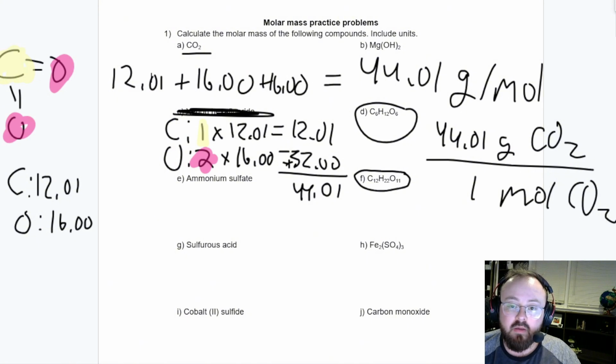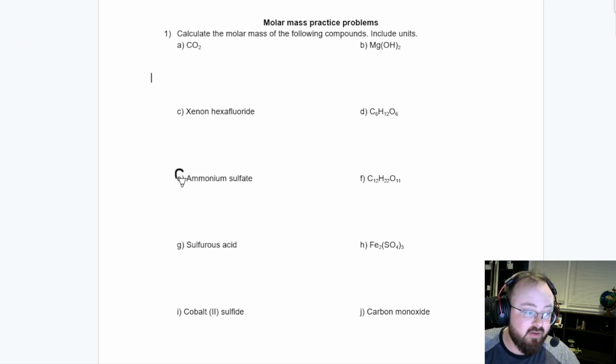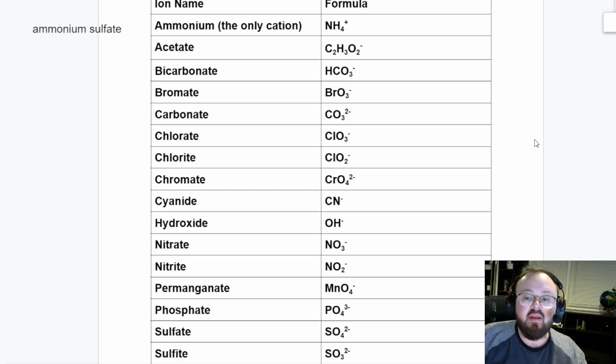Okay? Let's do one more example, and we're going to have to do some naming as well. So I'm going to show us one of these. Let's do letter E, ammonium sulfate. I have said before that we're still going to need a lot of the resources that we've used in the past, so let's bring that up.